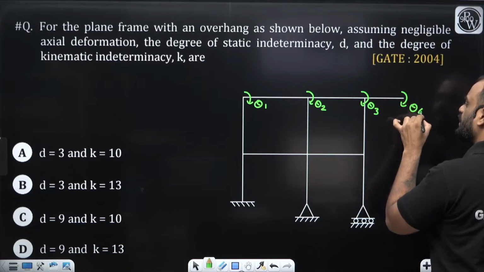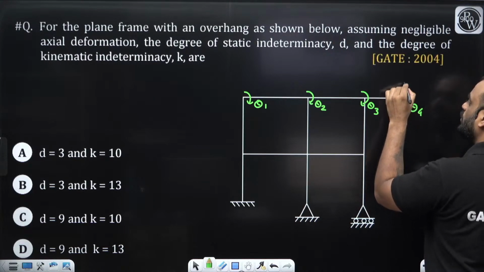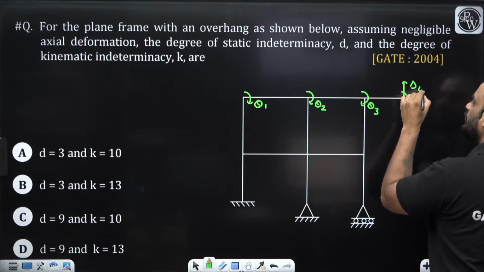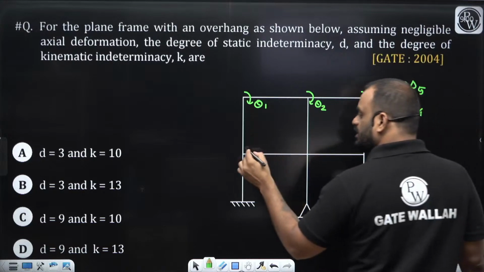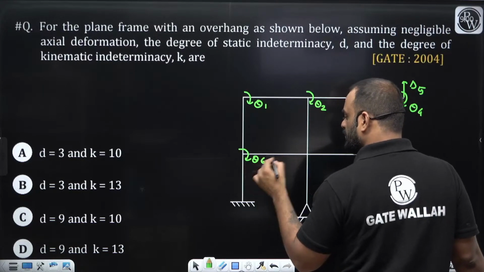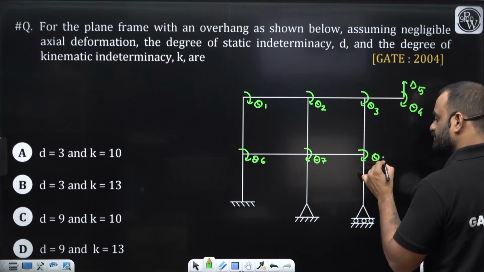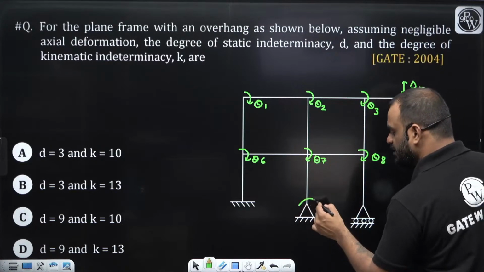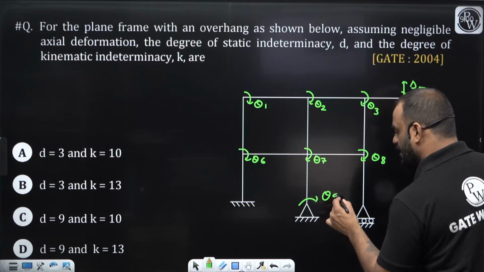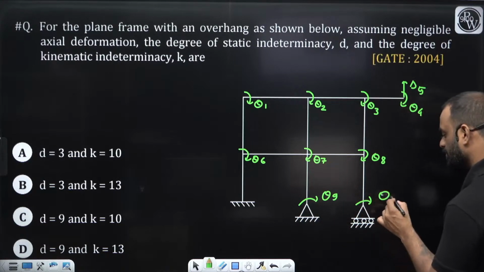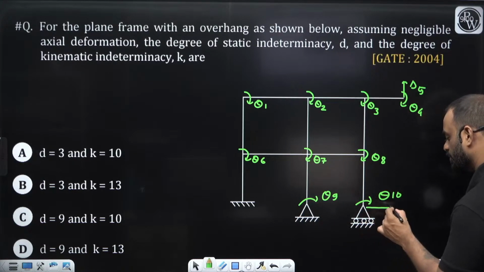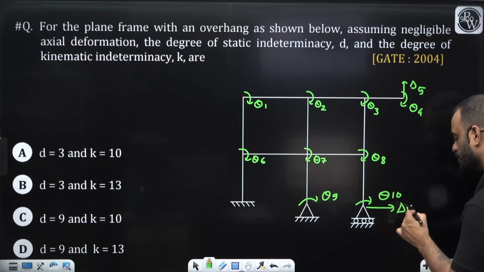It can also rotate theta 4. And this can also move in the vertical direction, 5. Then 6. Then 7. Then 8. Then at this particular support, we have 9, 10, and it can move in the linear direction or horizontal direction also, 11.